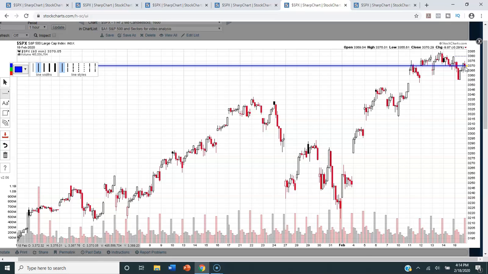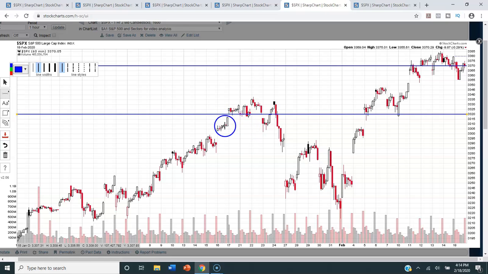Now, before we move back over to the daily chart, where we're looking at an entire year, just one day at a time, let's do a little bit more annotation here and take a look at some other support and resistance levels. Because if this 3370 area doesn't hold, the next area of support is going to be somewhere around this 3320 area.